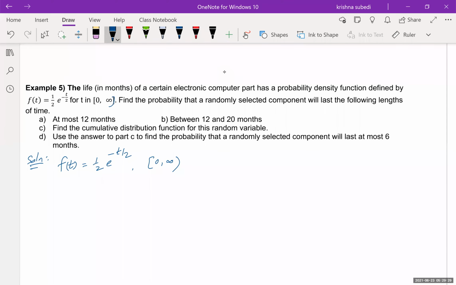Find the probability that a randomly selected component will last the following length of time. Okay, part A, at most 12 months.